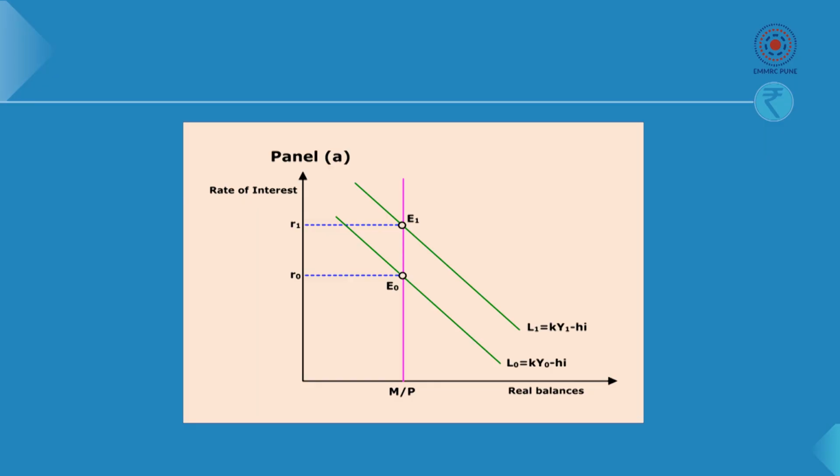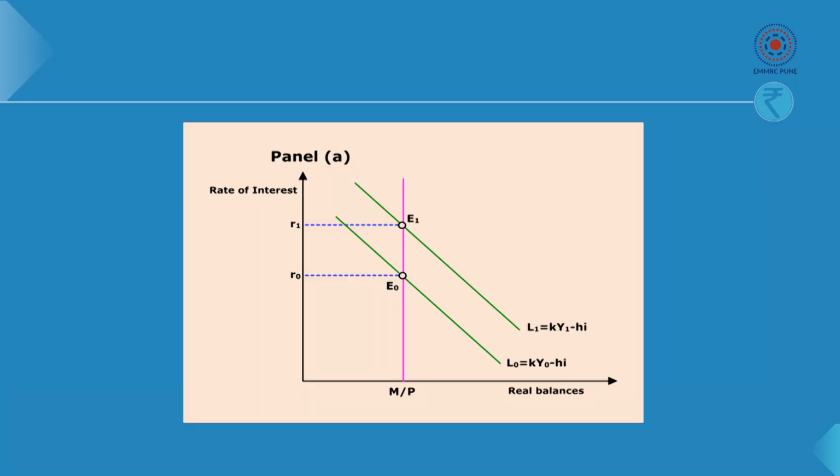Assume that the market is initially in equilibrium at R0 with the supply of money M by P and the demand for money curve L0, as displayed in panel A of the figure.